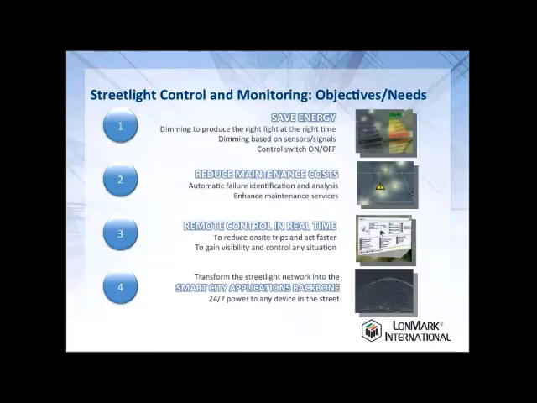Real-time control, again, to reduce the number of on-site trips, checking online the status of any streetlight before actually triggering a visit. And the smart city application backbone. The streetlights are high points with power 24/7 in some cases. Why don't we transform that into a very nice network that can support many more applications?